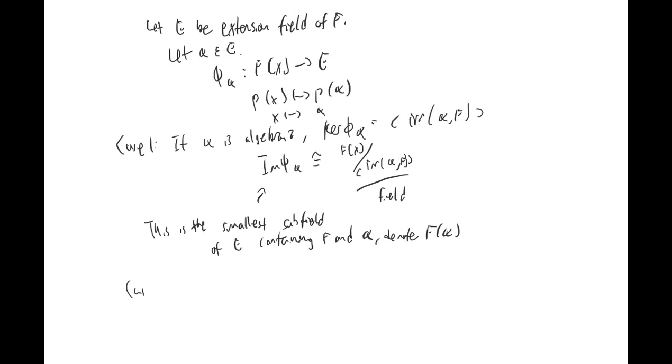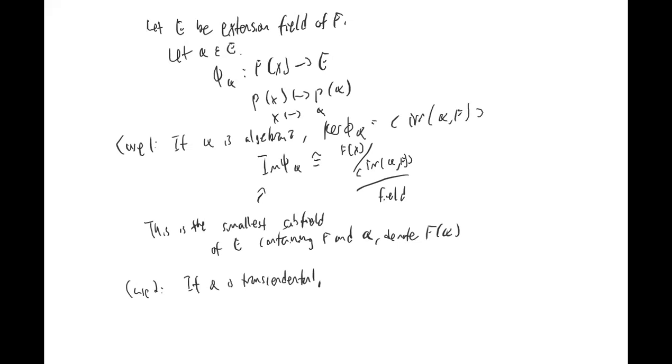Now, case two, if alpha is transcendental, this part's easy, because if you're transcendental, you're not a root of any polynomial, right? So what's the kernel in this case? Yeah, zero, right? If something else was in the kernel, then that means some polynomial has alpha as a root, right?